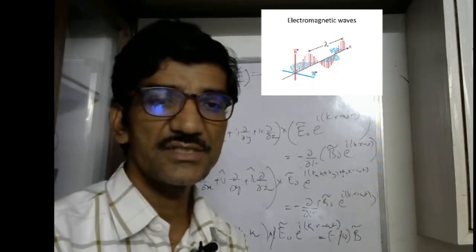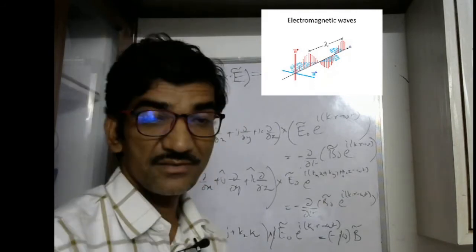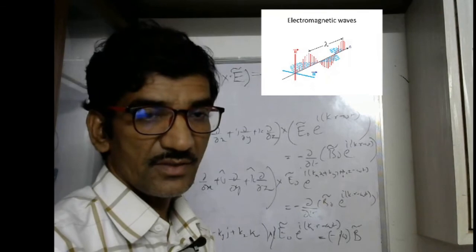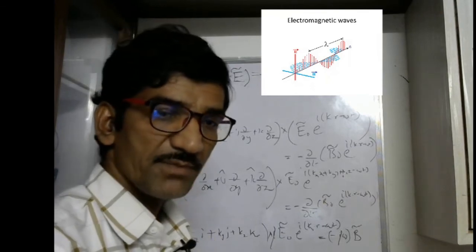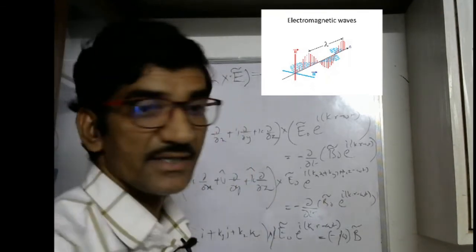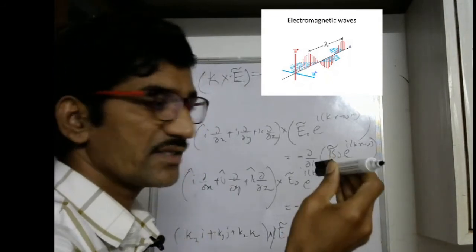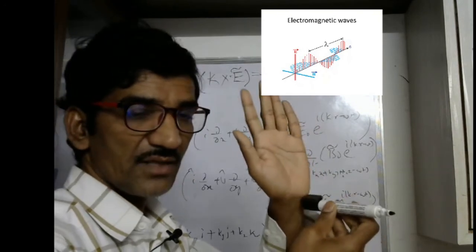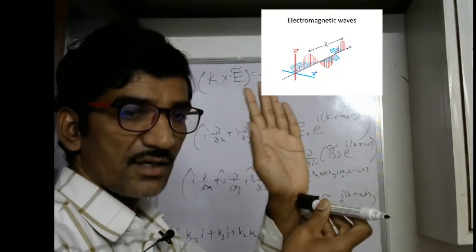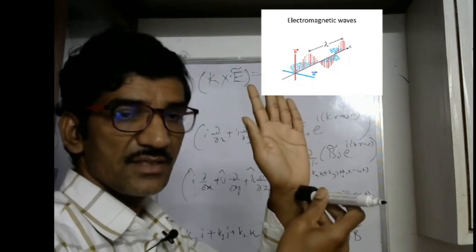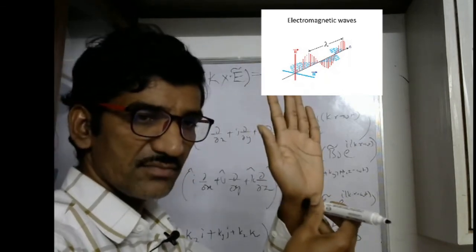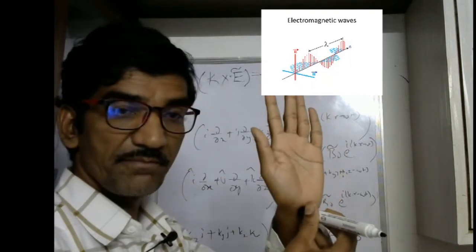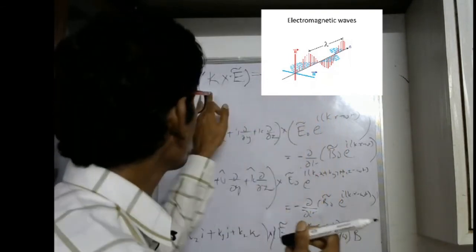What is the meaning of this? B is perpendicular to the plane possessing k and E. Suppose your wave is traveling in the Z direction. Suppose that your E vector is along some X direction. So what will be the direction of B? This must be perpendicular.